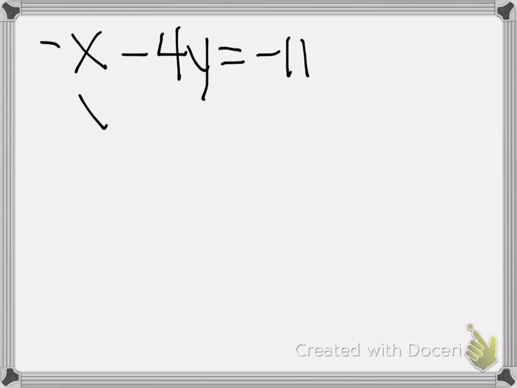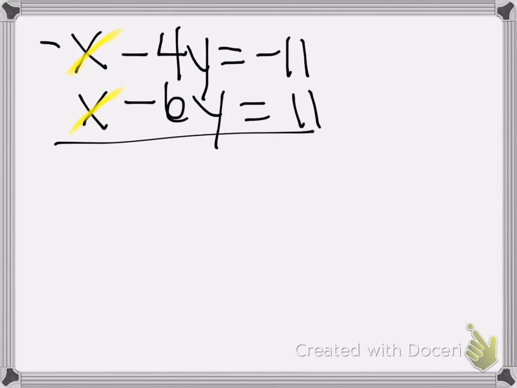Now we'll solve one where the x's drop out. That would be negative x minus 4y equals negative 11, and then x minus 6y equals 11. If you'll notice on this one, the x's are going to cross out if you add those together.